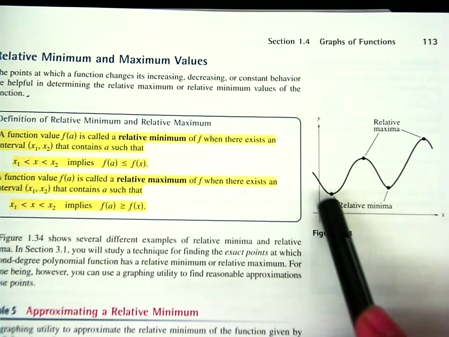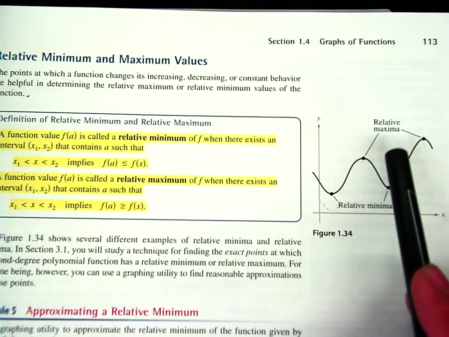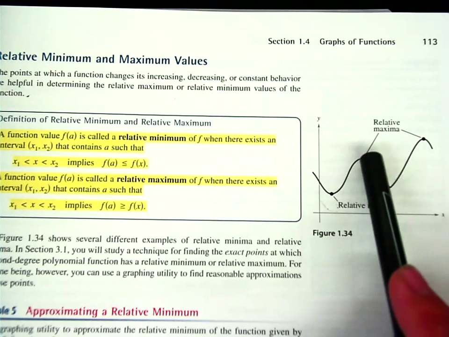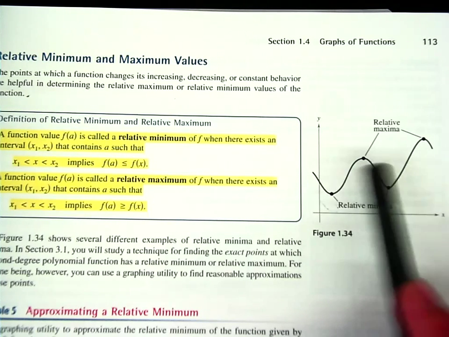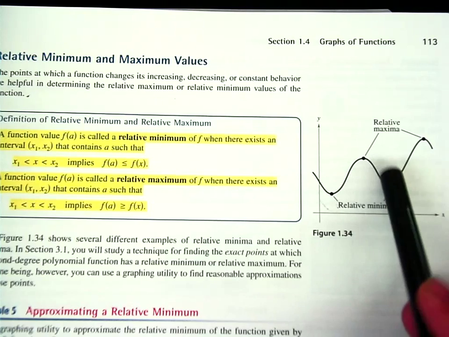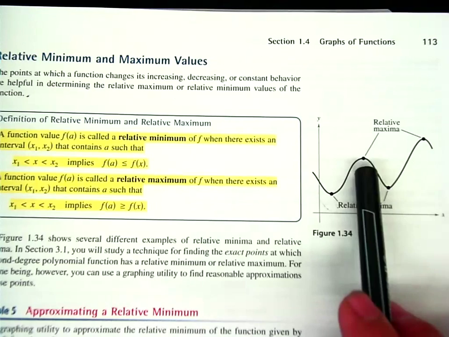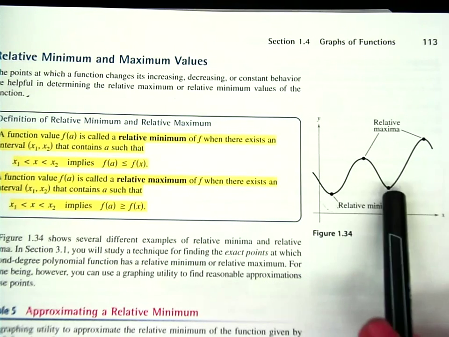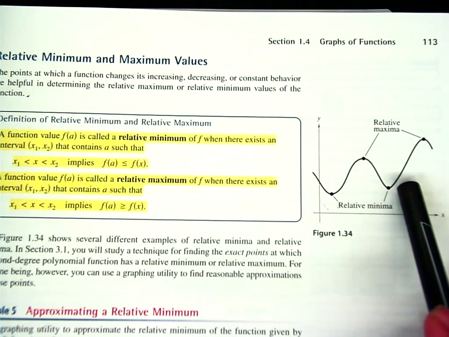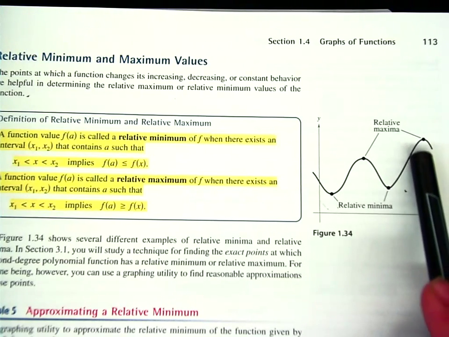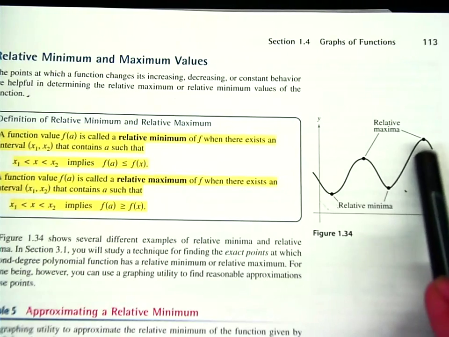Looking at this function, for example, we see that this one is called a relative maxima, because it's the highest one relative to the points around it. So it's not the highest one of the entire function, but it's one of the higher points. Same for these two. This one right here is not the lowest, but it's still a relative minimum because it's among the lowest points when compared with the points directly around it.